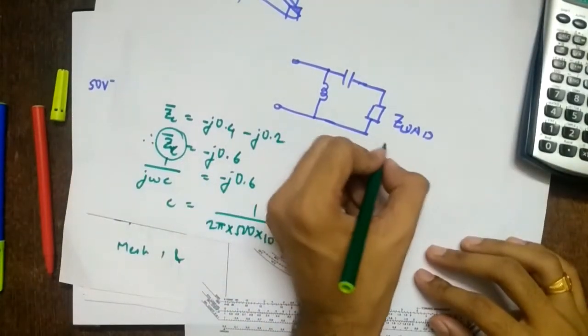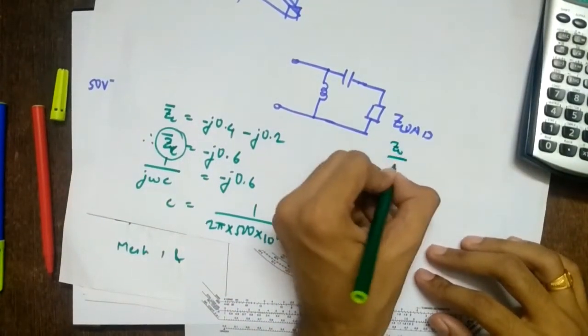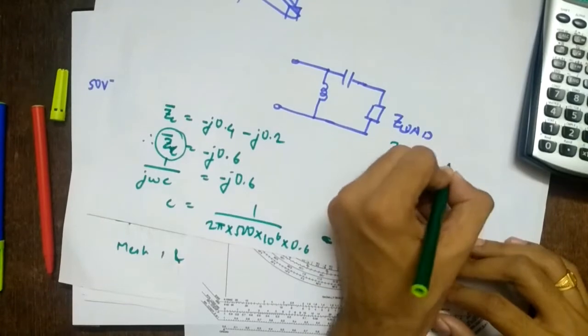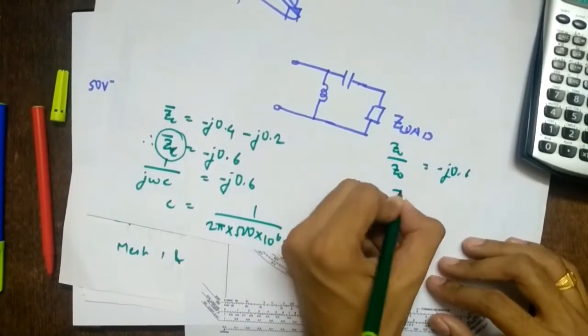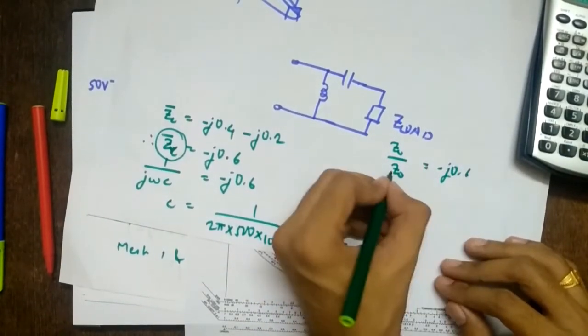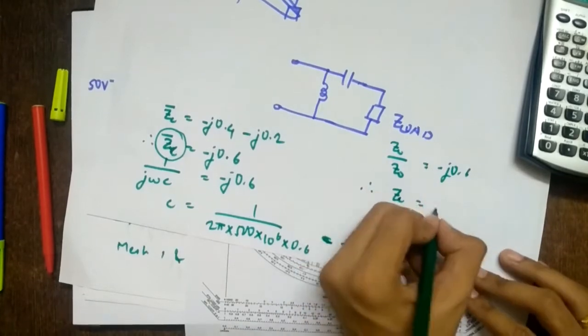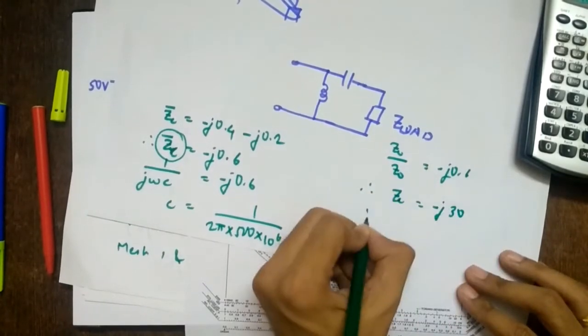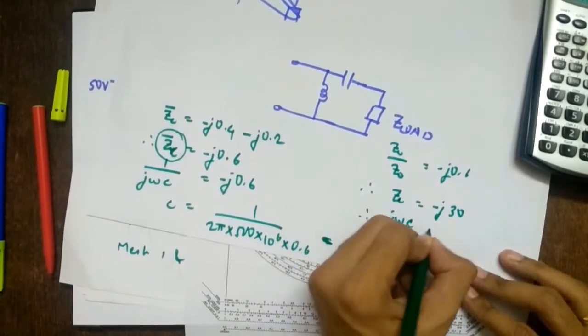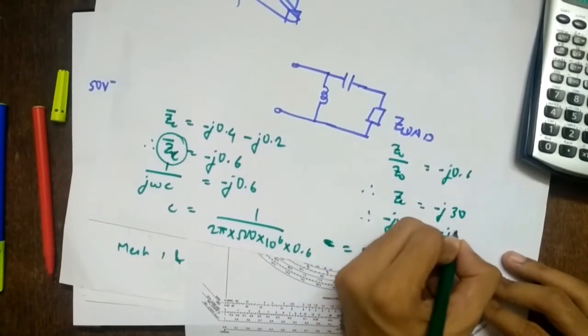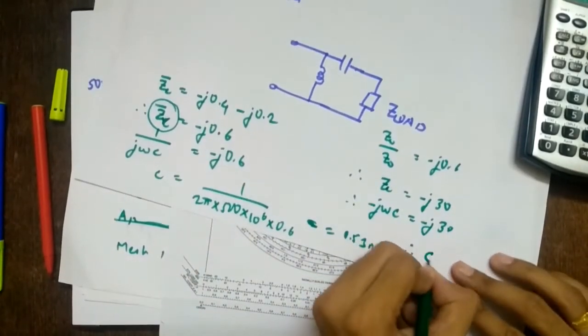Sorry. So ZC bar is ZC by Z0 equal to minus j0.6. Therefore ZC equals 50 times 0.6, so minus j30. So ZC is minus j over omega C equal to minus j30. So I'll directly write C now.